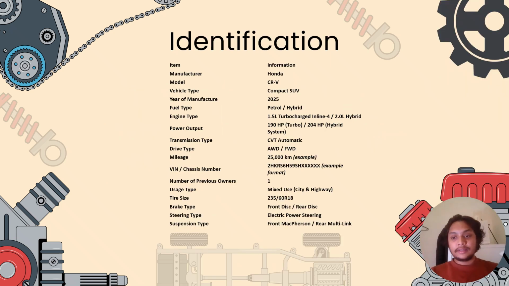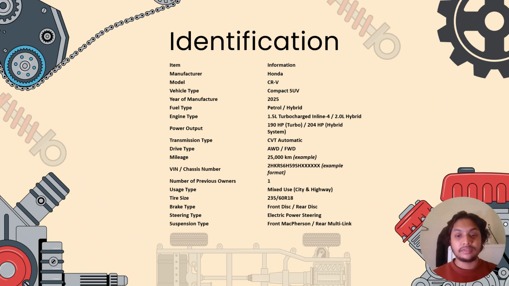As you can see, there are identifications: name, manufacturer, vehicle type, year of manufacture, fuel type, everything. The mileage is very important. The VIN chassis number is also important.